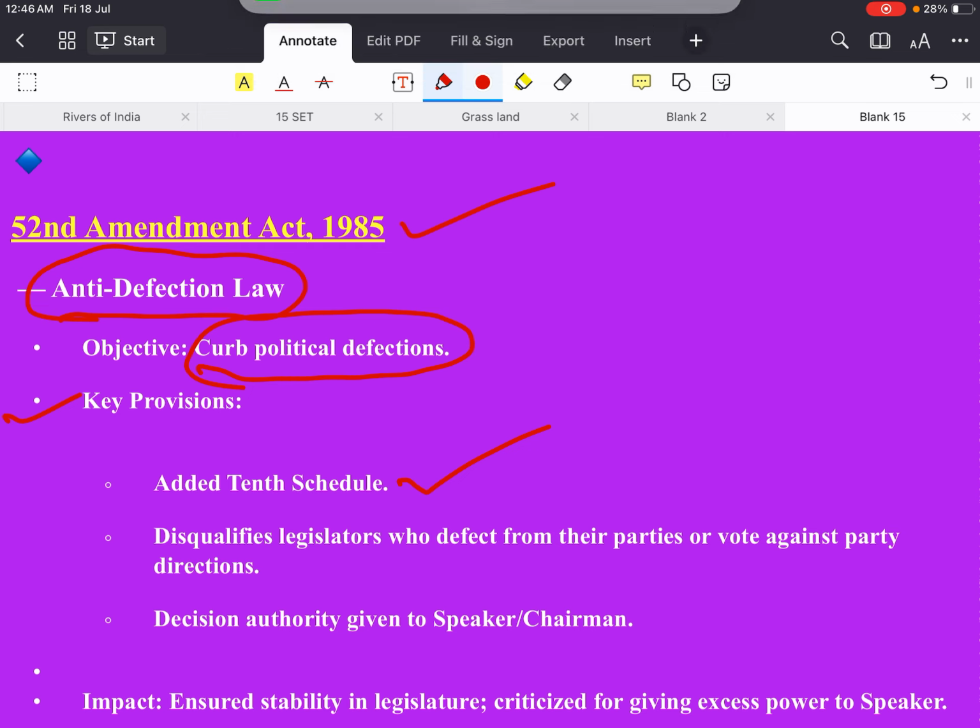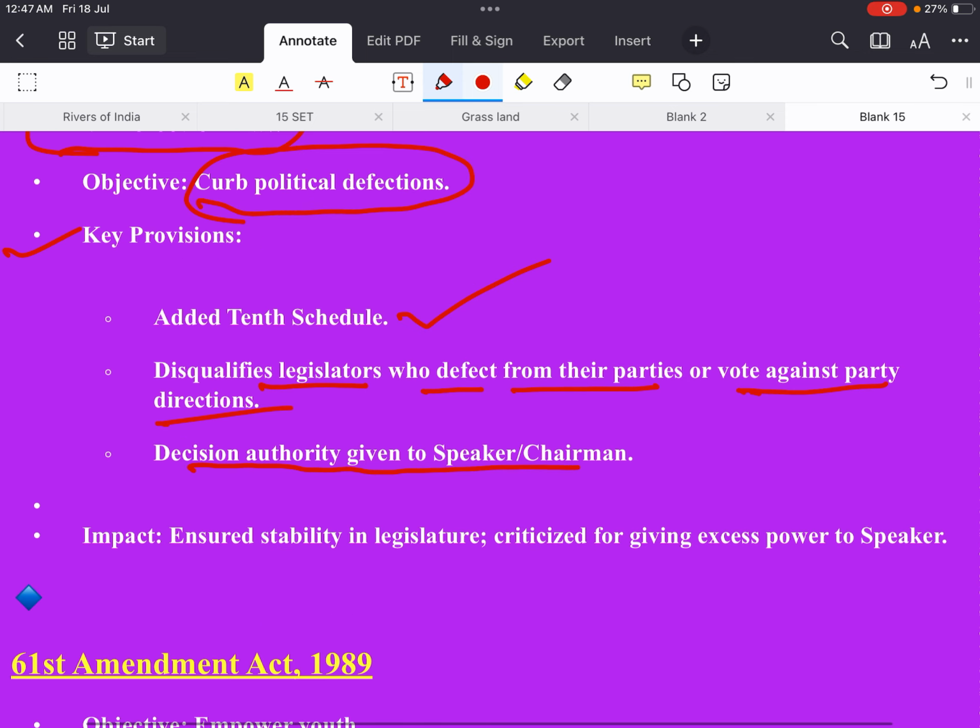Next provision, disqualify legislators who defect from their parties or vote against the party's direction. Then, decision authority is given to the Chairman or Speaker. What was the impact? Ensured stability in the legislature. Criticized for giving excess power to the Speaker.